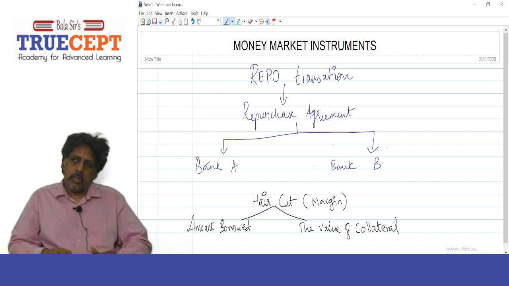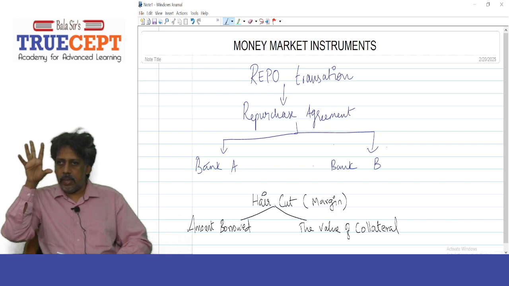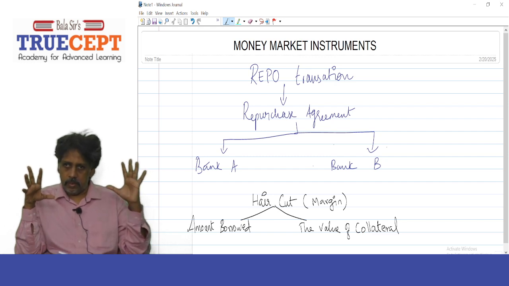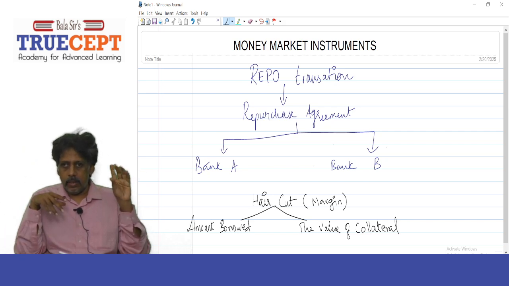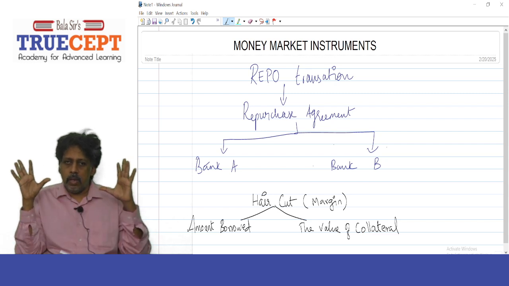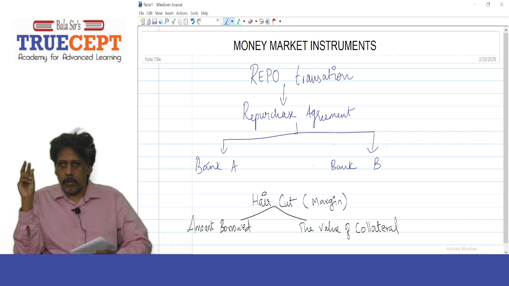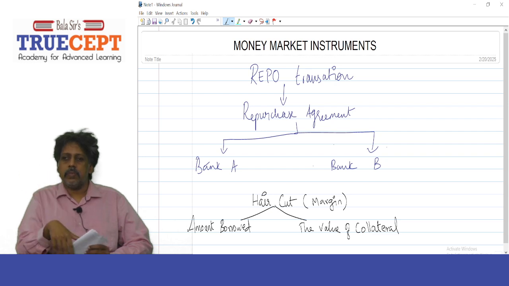I'll tell you. Let us say there are two bankers involved. Let us say my right hand is bank A and my left hand represents bank B. Now let us say bank A is in need of money because they have to pay some depositor immediately, but they do not have liquid funds.